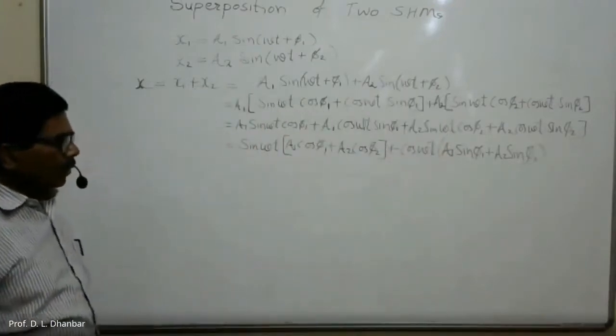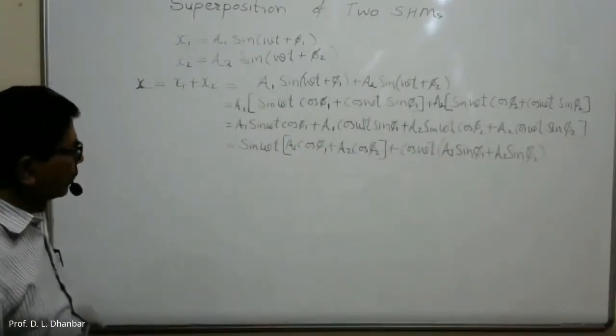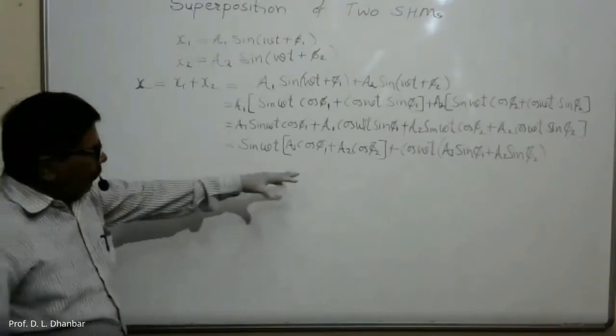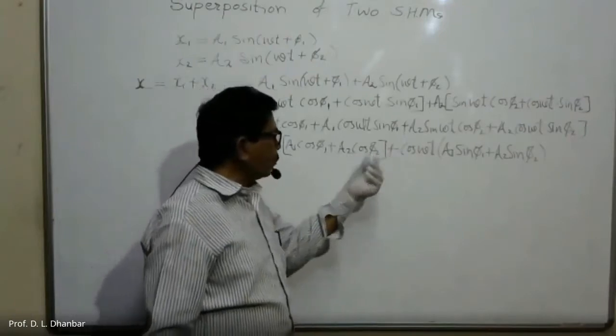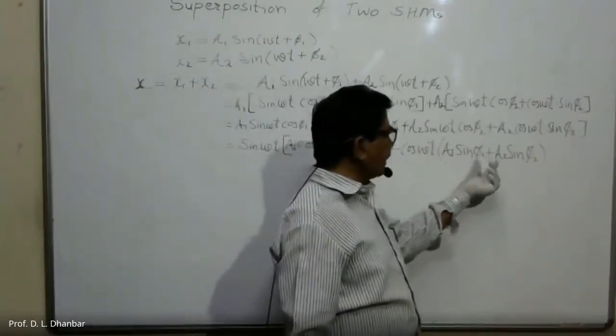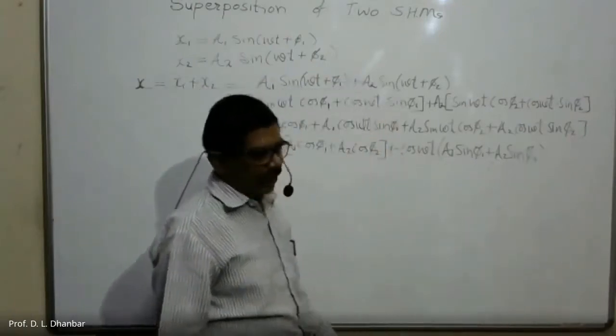So we got these brackets. If you observe, this is a1 cos phi 1 plus a2 cos phi 2. Here it is a1 sin phi 1 plus a2 sin phi 2.